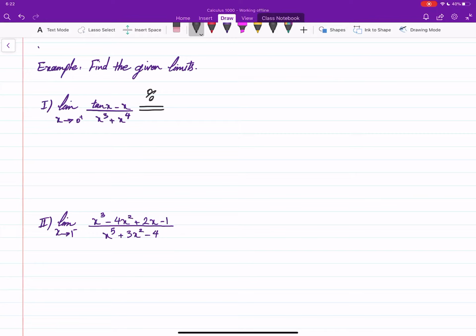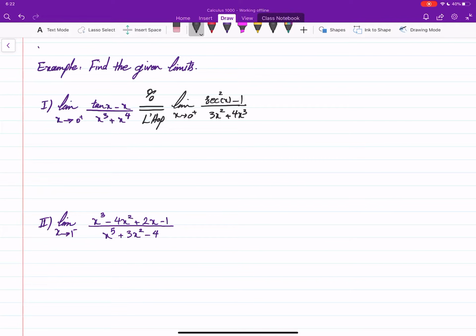It just says that this is a 0 over 0 indeterminate form, and since the numerator and denominator are differentiable functions, we can use L'Hopital's rule, meaning that the original limit will be equal to the limit of the quotient when you replace the numerator by its derivative and the denominator by its derivative.